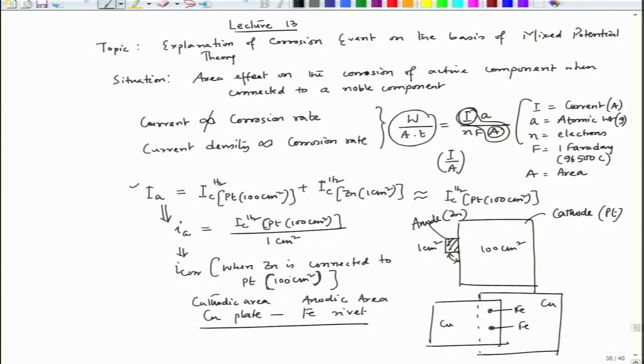So, we can see that the current density related to the dissolution of iron becomes much higher than in the situation where the iron area and copper area are the same. If they are the same, the situation would be much less aggressive.